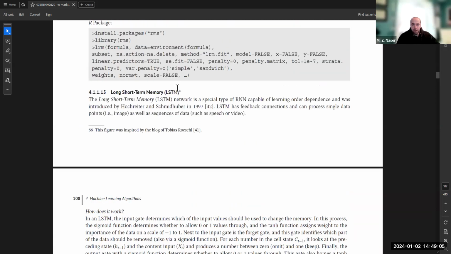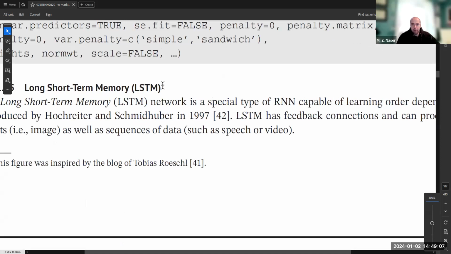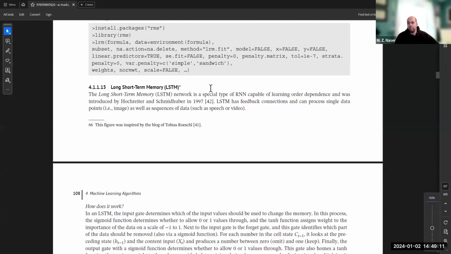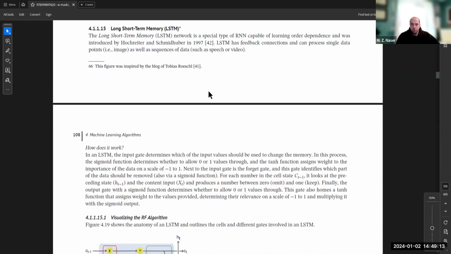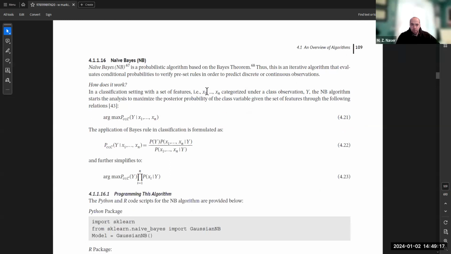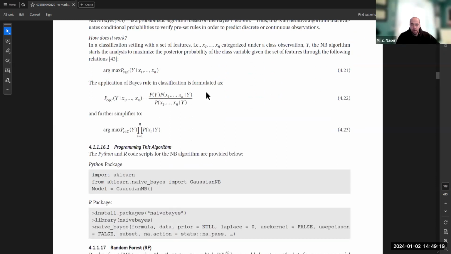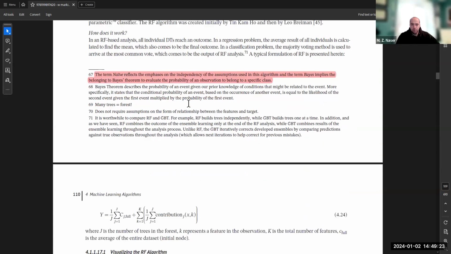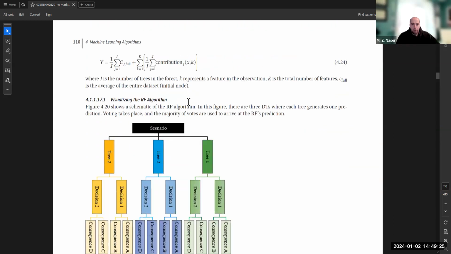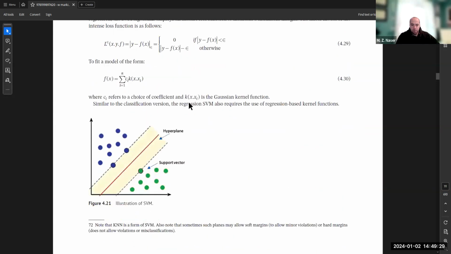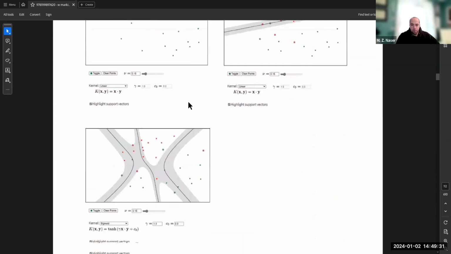Anything that has a star next to it, like we said before, might be best left for a grad course, for students who have a little more time on their hands to experiment with these. Random forest, naive Bayes, RF, SVMs, we've seen those.